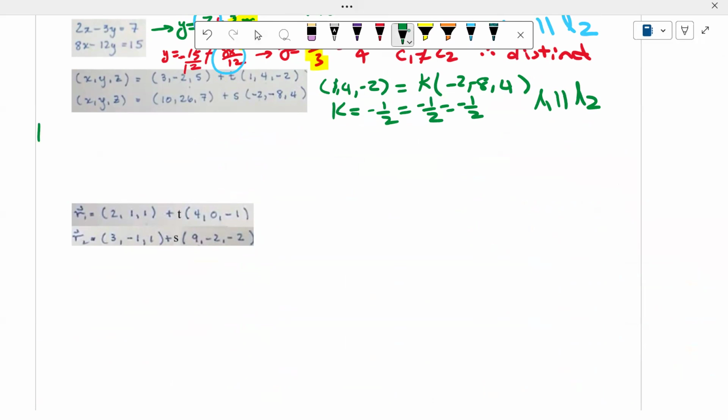So I'm going to put 10, 26 and 7 into the parametric equation of line 1. So 10 is equal to 3 plus t, 26 is -2 plus 4t, and the last one, 7, is 5 minus 2t.